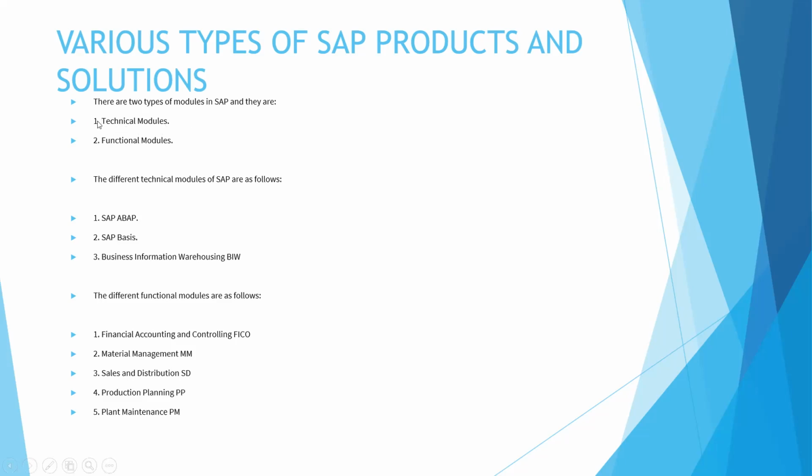In a similar way, if a customer's requirement is not satisfied, then the technical consultant comes into the picture, once the requirement is studied by functional consultants. If it is related to sales, it is the SAP SD module.